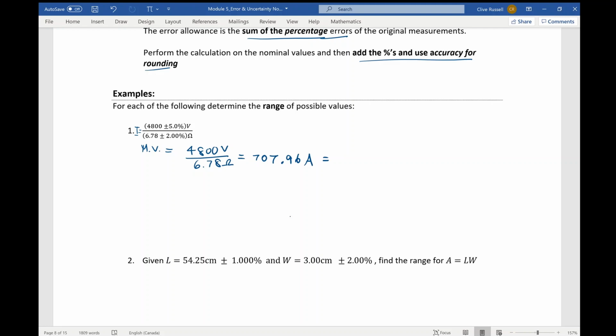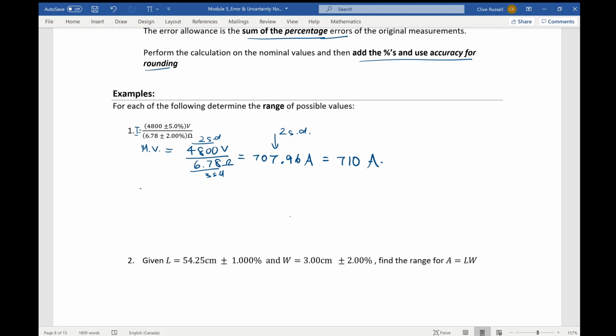Well, remember that when you're dividing, you have to round based on accuracy or number of significant digits. Here we have 3 significant digits, and here we have 2 significant digits. So we have to round this answer to 2 significant digits. So that works out to be 710 amps to 2 significant digits.